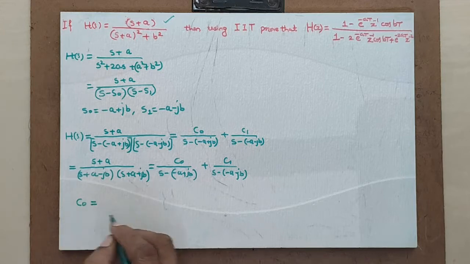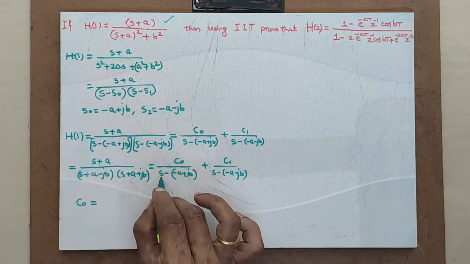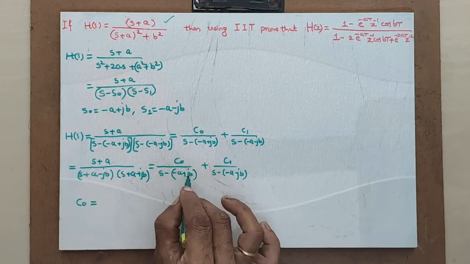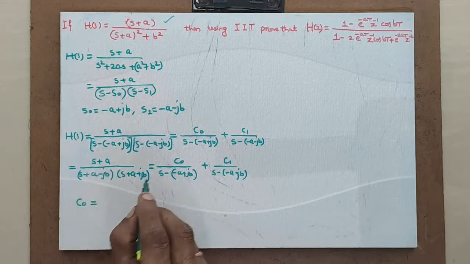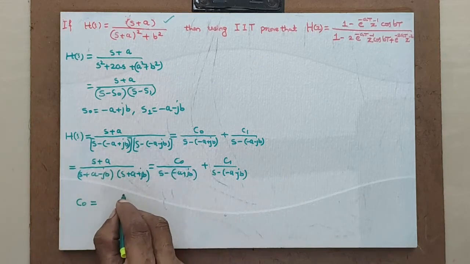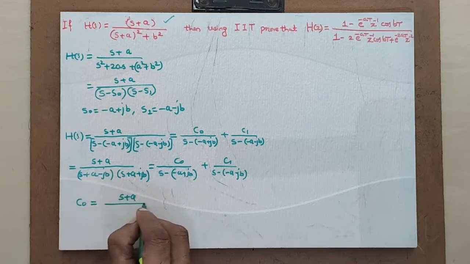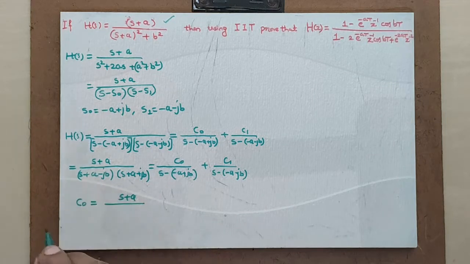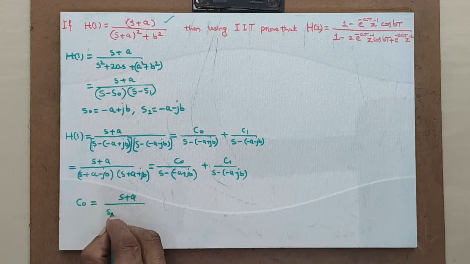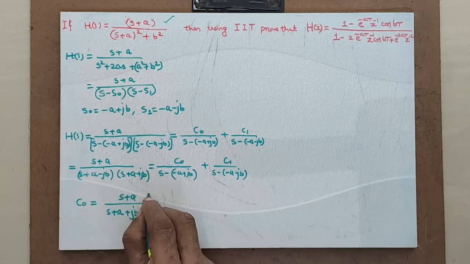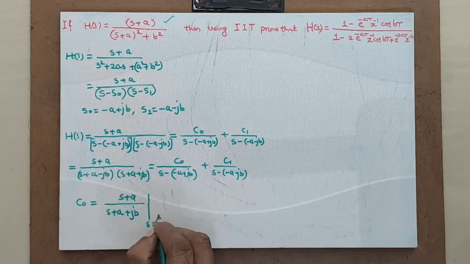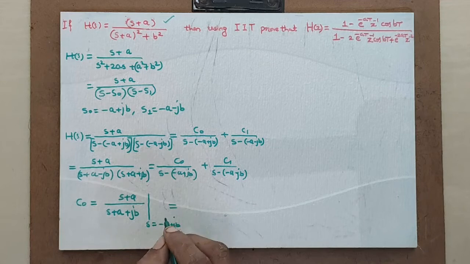C naught I can find from this equation. What s do you have to put? You have to put minus a plus jb in this equation. To find c naught, I will remove this factor and only use (s plus a) whole divided by (s plus a plus jb) with s equal to minus a plus jb.